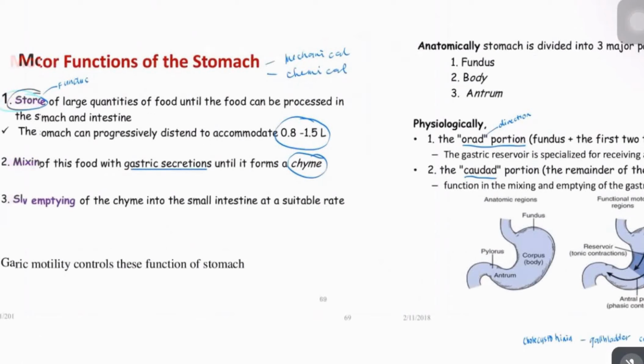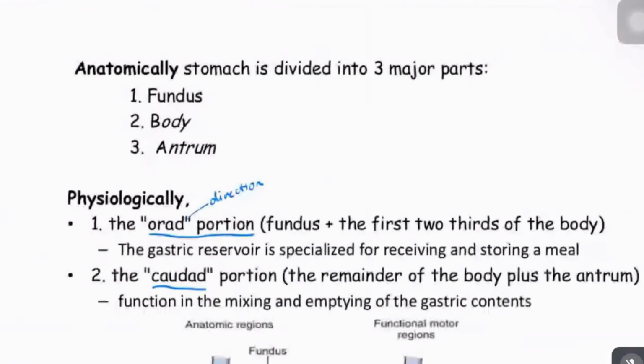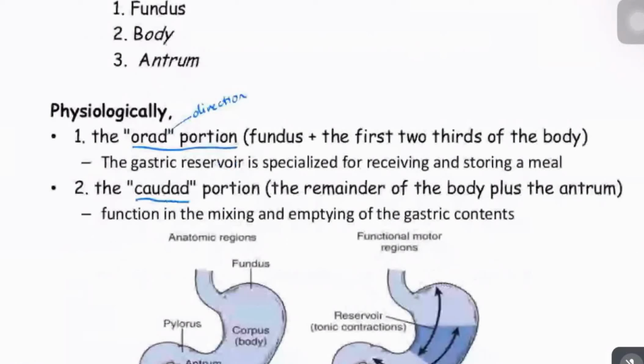Okay. Anatomically, the stomach is divided into three major parts: your fundus, this is your storage kanina, then we have your body and the antrum. Physiologically, the orad portion is the fundus plus the first 2/3 of the body.